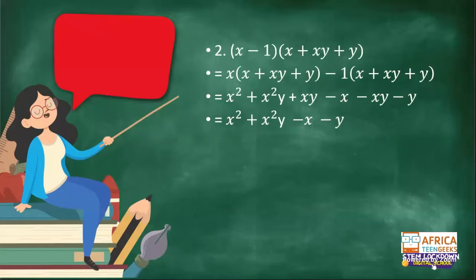So they will cancel out and you'll be left with x squared plus x squared y minus x minus y. And at this point, this will be your factorized expression.